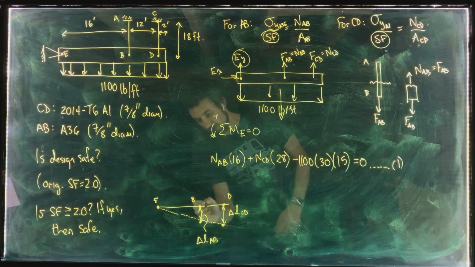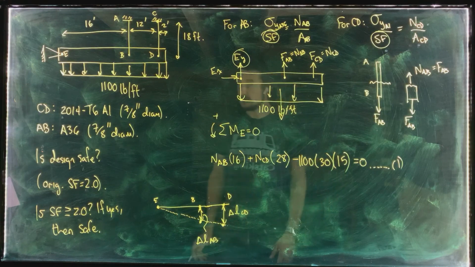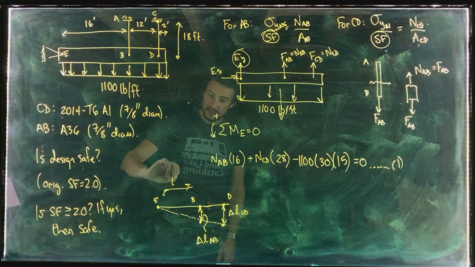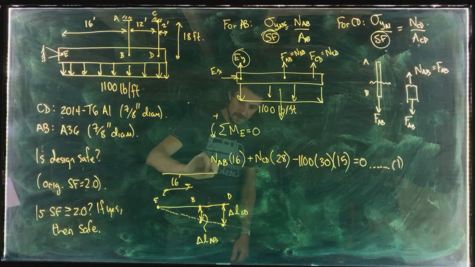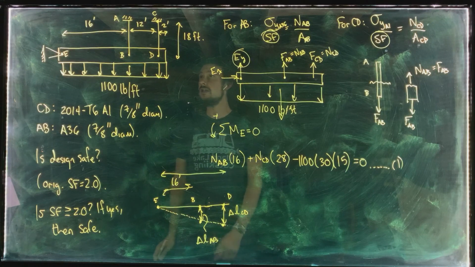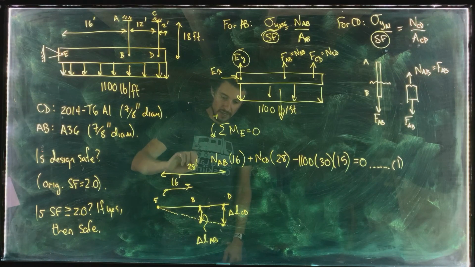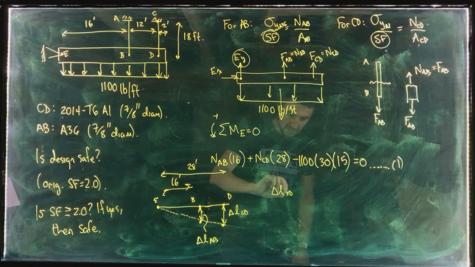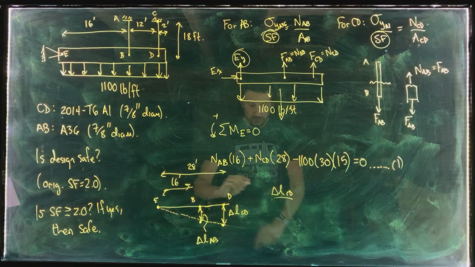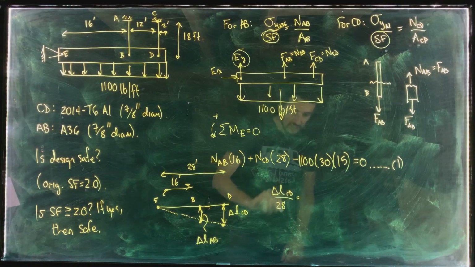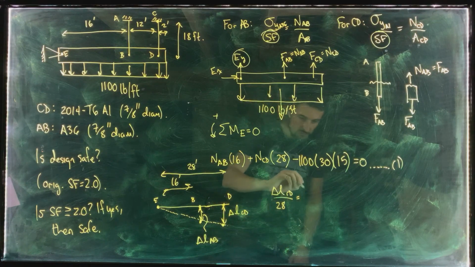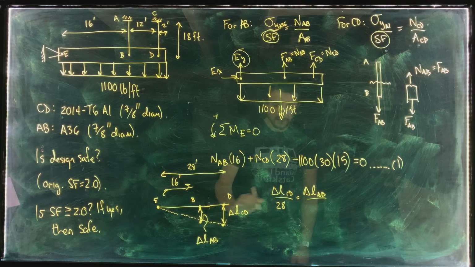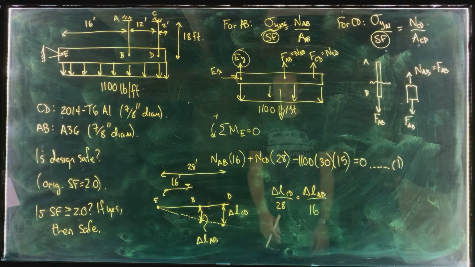So similar triangles is kind of turning out to be the theme of today's tutorial, it seems. So we've got 16 feet here, and this whole distance from point E to point D is 28 feet. So we can say that delta L CD over a length of 28 feet is equal to delta L AB over a length of 16 feet, right?